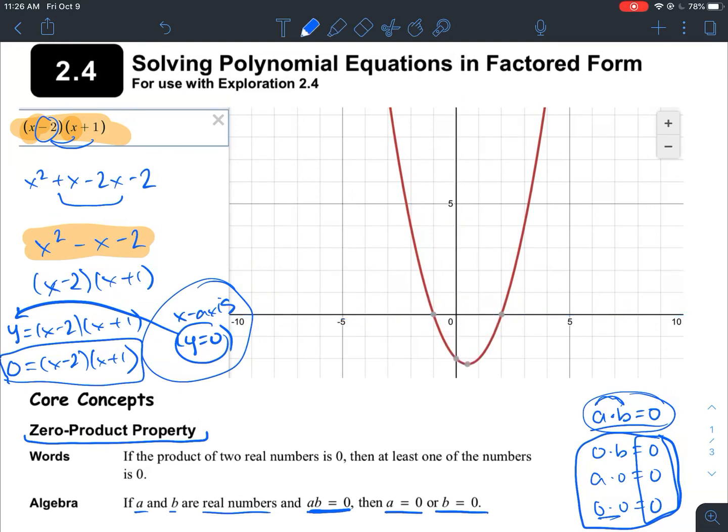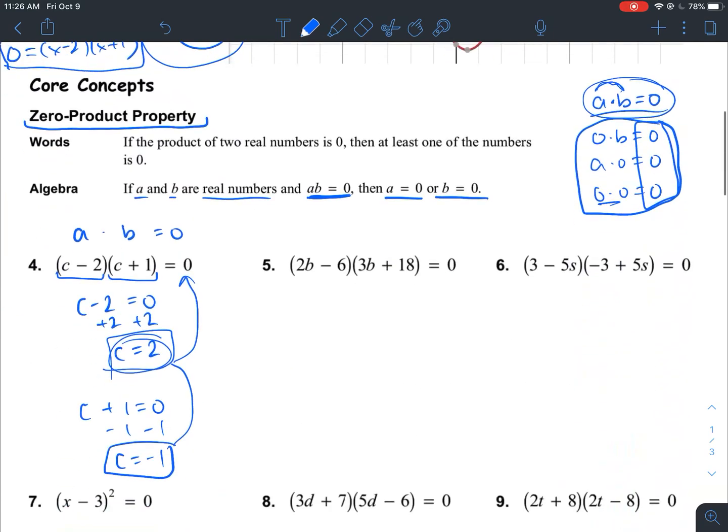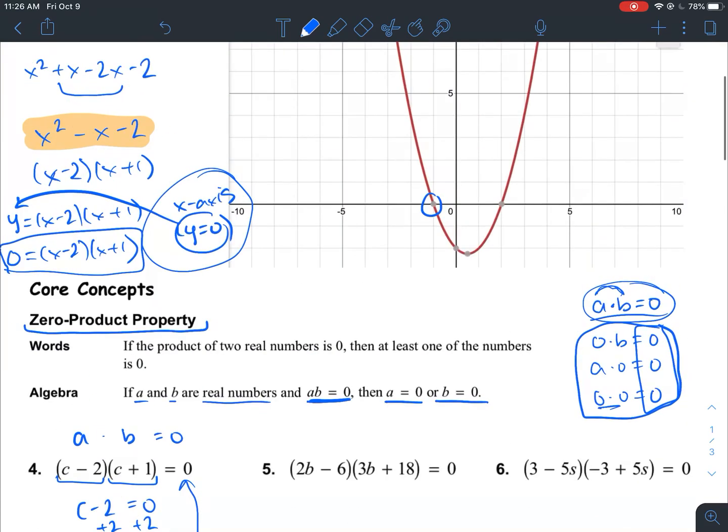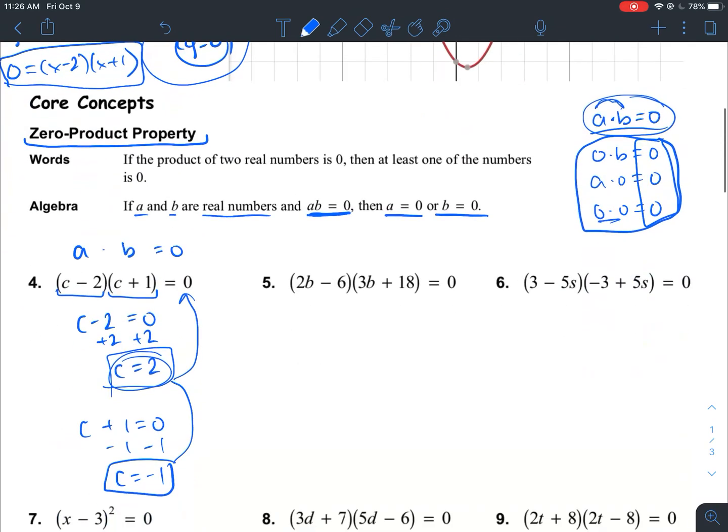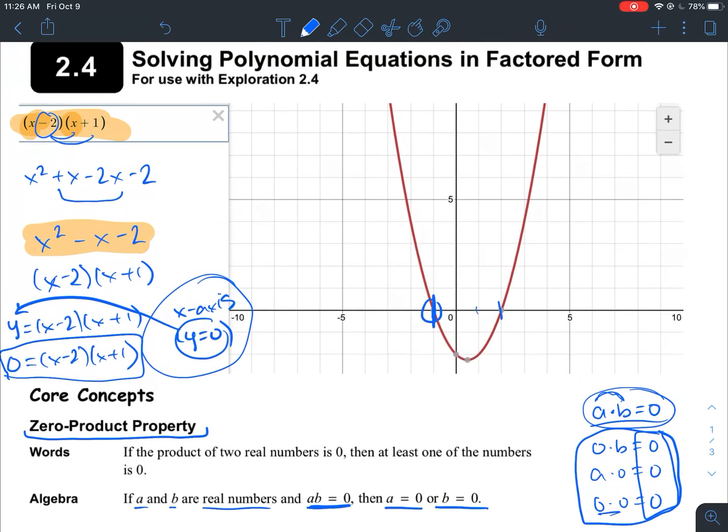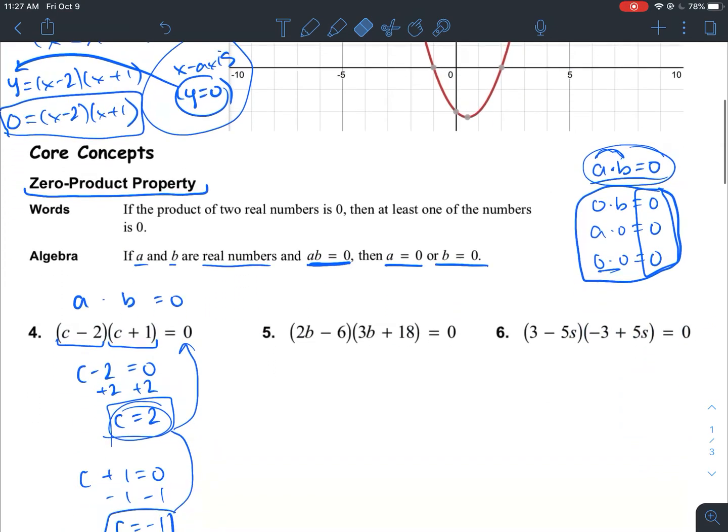Remember how we solved down here, c is equal to negative 1, so look right here: that's an x-intercept at negative 1. And c equals 2 is 2 on the x-axis. So whenever you set this equation equal to 0, you get values of 2 and negative 1 for x, or the x-intercepts. Okay? So that's a very important concept to know as we move forward.